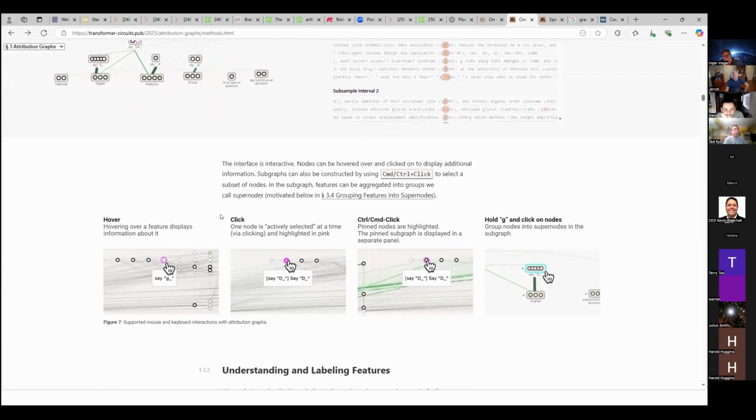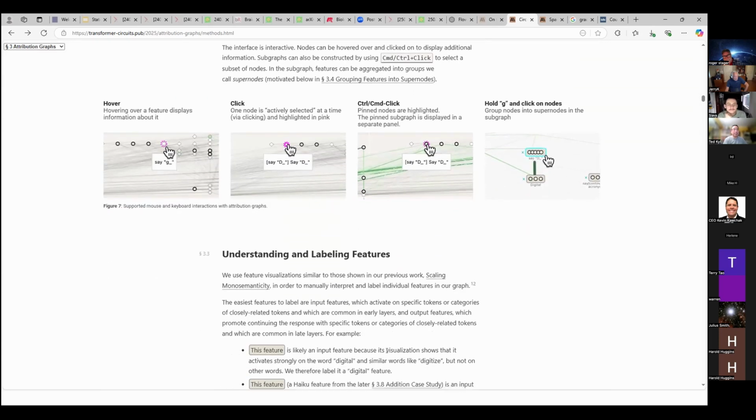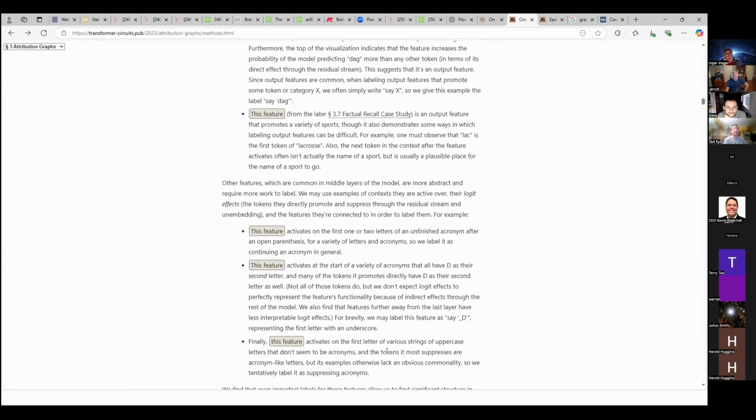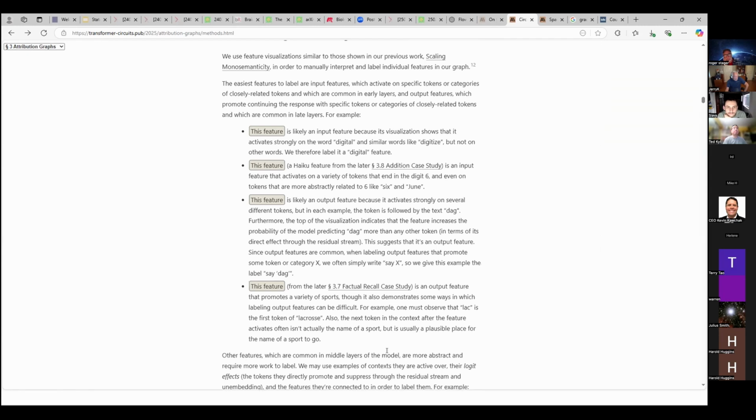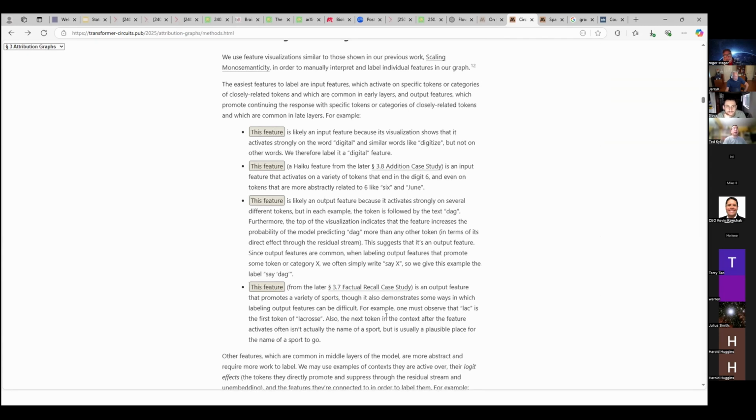So then they talk about they built a user interface, and here's the way that you can navigate this. I haven't completely looked at that, but again, what we'll see is at least 3 kinds of features. Okay, input features, generally speaking, appear in the very early layers, first say 3 layers, and they fire when there's a particular word as your actual input token. Okay.